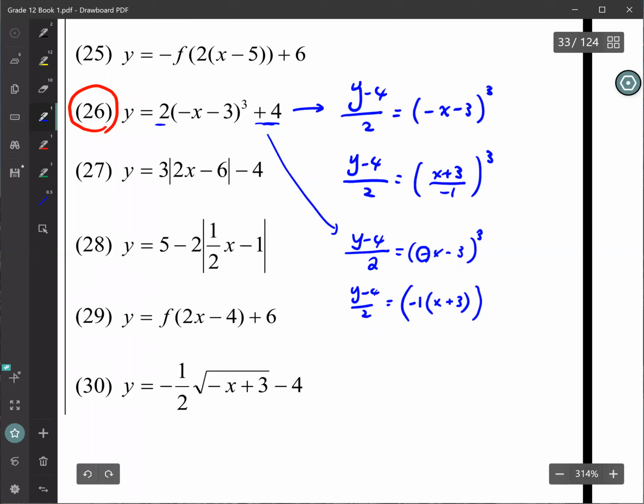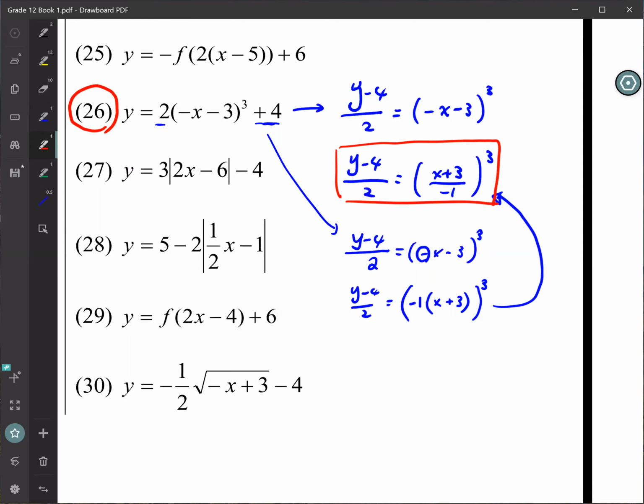Okay, and then if you want, you can move it under or you leave it on the side, because if it's 1, if you reciprocal, it's still 1. It doesn't make any difference. So having a 1 on the side, you can leave it there or move it down, okay? So if you move it down, it will look like Donna's. So this will be the form, okay? Once you get there, you just follow the rule to tell the story, okay?